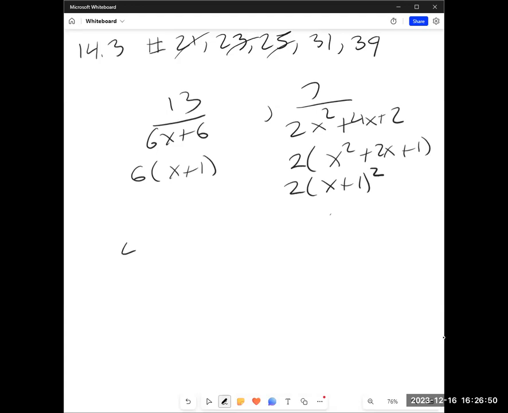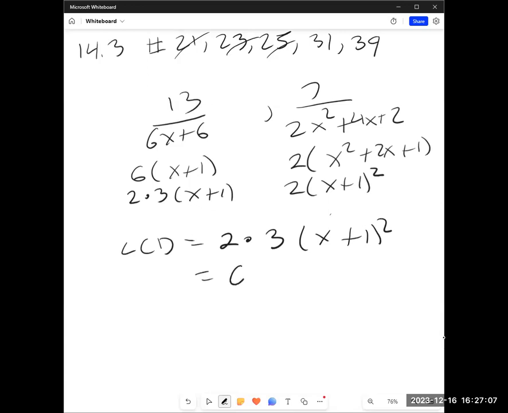So my LCD, let me break this down a little bit more. This is 2 times 3 times x plus 1, so it's going to be a 2 and a 3 and an x plus 1 squared. 6 times x plus 1 squared, or 6x squared plus 12x plus 6.